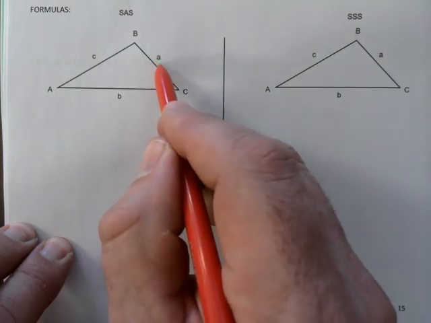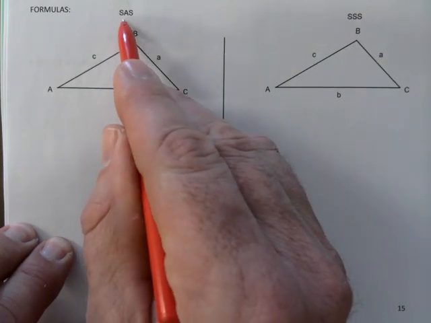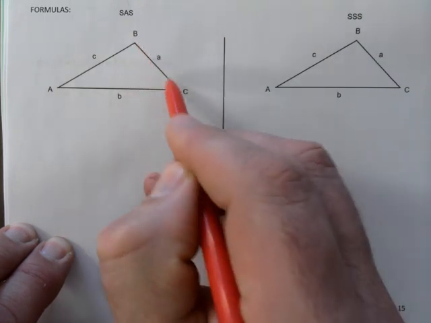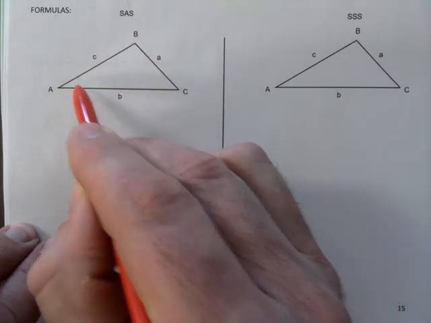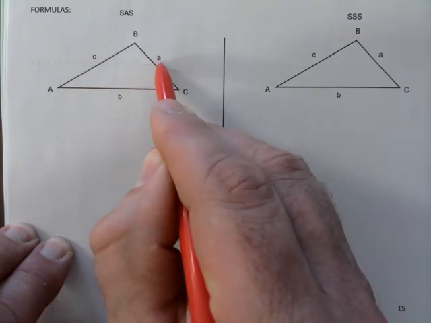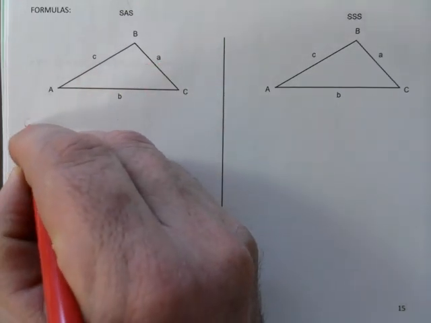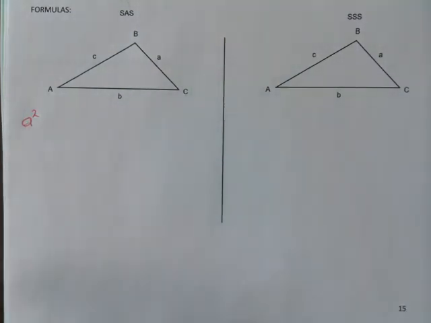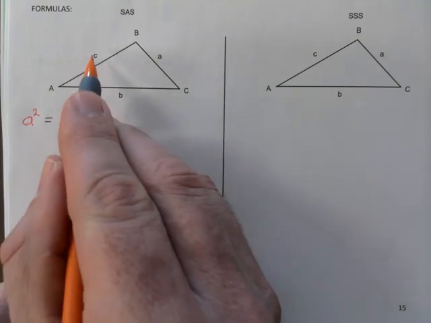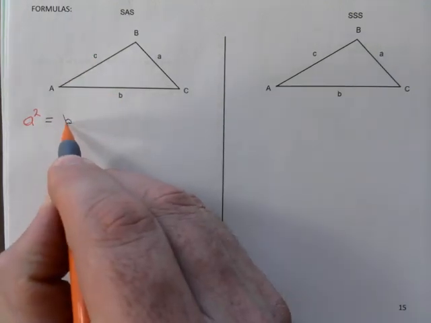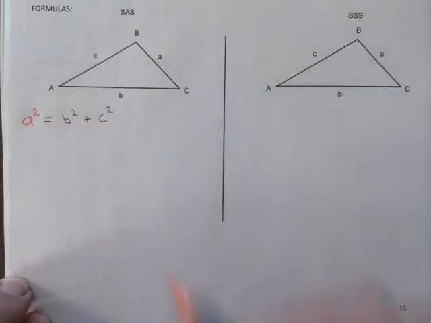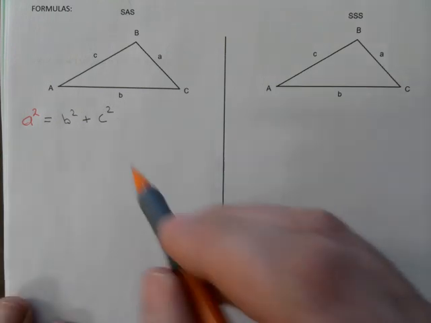So if you wanted to solve for side A, so it's an SAS scenario, let's say this is the side you want to solve for. You know side angle side here. You're going to use this formula. A squared is equal to the other two sides, both squared, and added. And you're like, this looks like Pythagorean theorem. But it's going to turn, and it's going to look completely different.